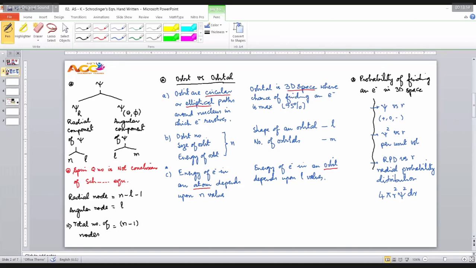Those who have not written, please go ahead. Don't be in a hurry. We have plenty of time. We cannot sacrifice writing down notes to save time.